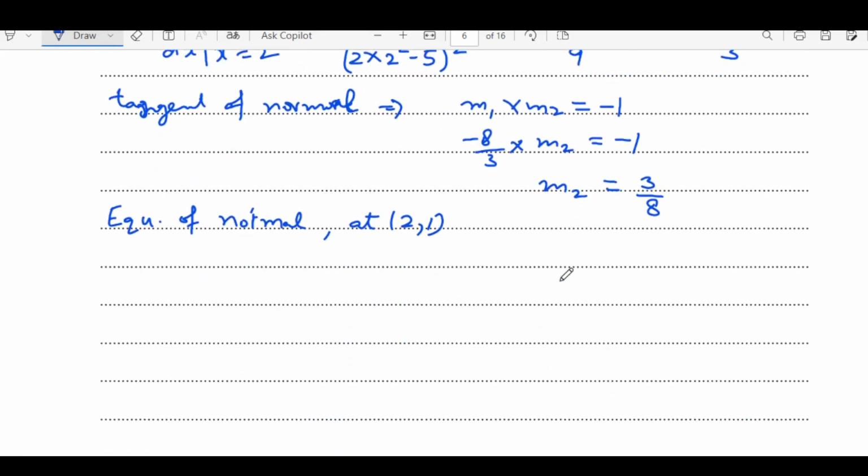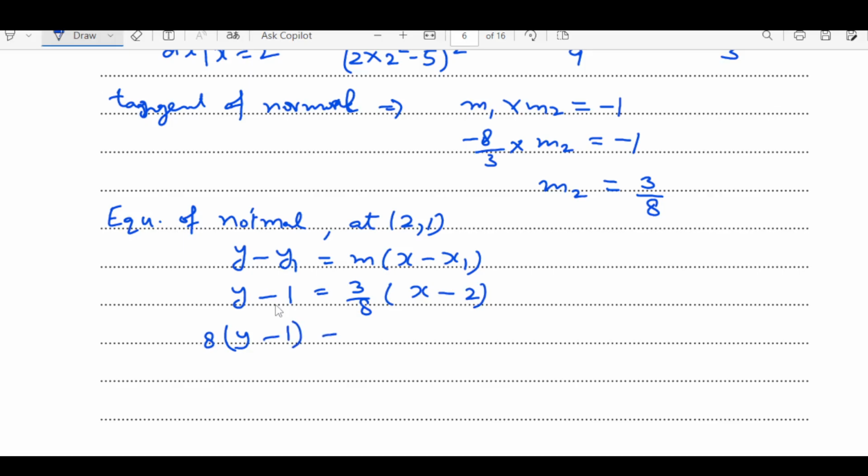The general form of the equation is y minus y1 equals m times (x minus x1). So, y minus 1 equals the gradient 3 over 8 times (x minus 2). So, the 8 can be multiplied on this side and then this is 3 times (x minus 2).